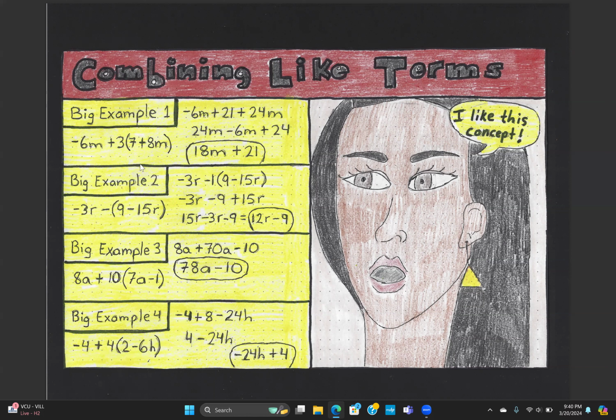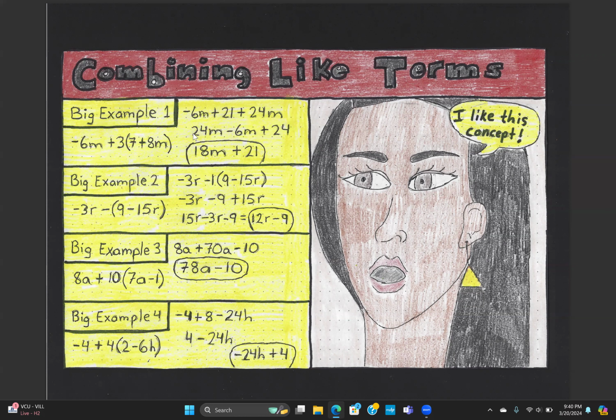Let's begin with big example 1, in which we have negative 6m plus 3 times the combination of 7 plus 8m. We're going to distribute that 3 inside the parentheses because we know that 3 times 7 will give us 21, and 3 times 8m will give us 24m. Then we can include the negative 6m along the outside here, and here's where we combine the like terms, because we have an m term here and an m term here.